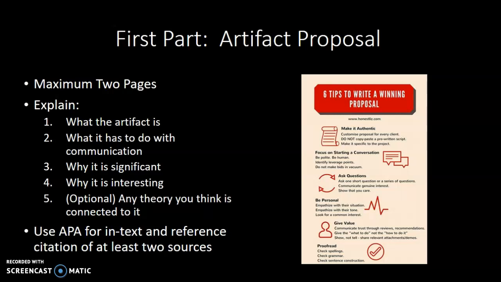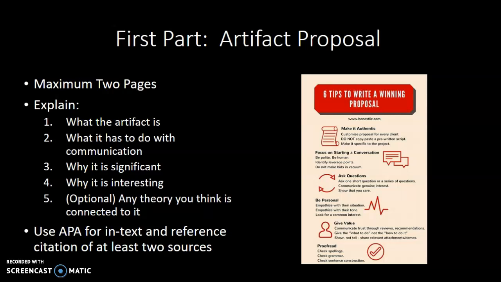Don't worry about it. If you've taken a lot of communication classes before, or you're really into communication theory and you think you know what you want to use, great, you can include that. Use APA for in-text and reference citation of at least 2 sources. So this artifact proposal, write it like it's a paper.